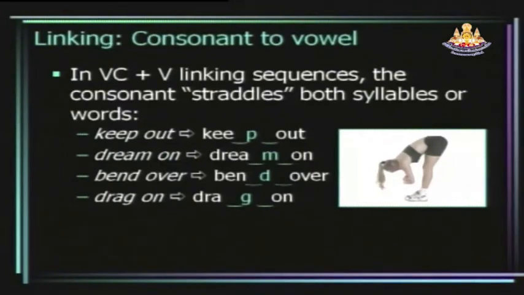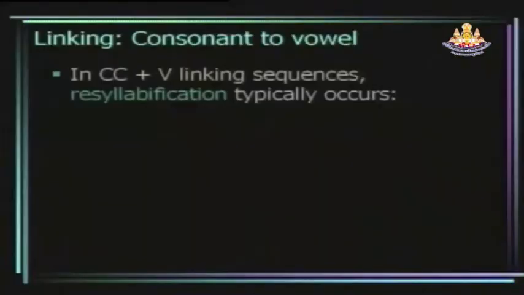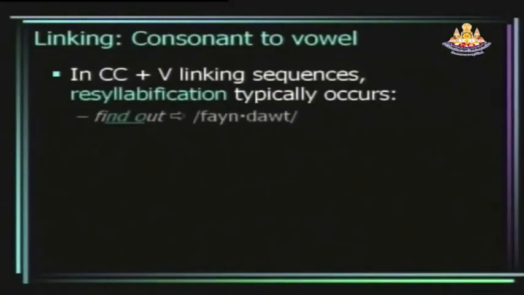Same thing with the next one, the M at the end of dream straddles the two syllables and we have dream on. Bend over. So it sounds like one longer word. Drag on. These are examples of VC plus V linking sequences.